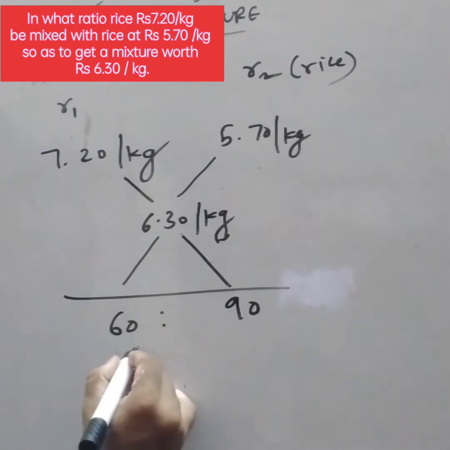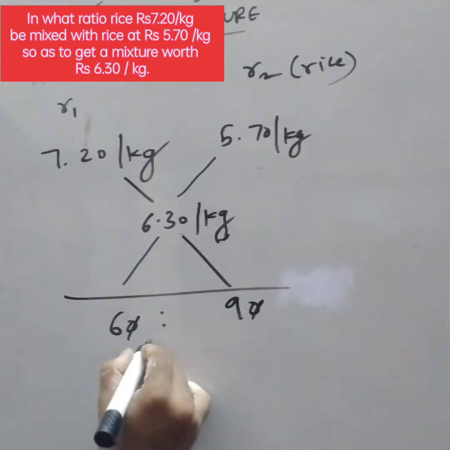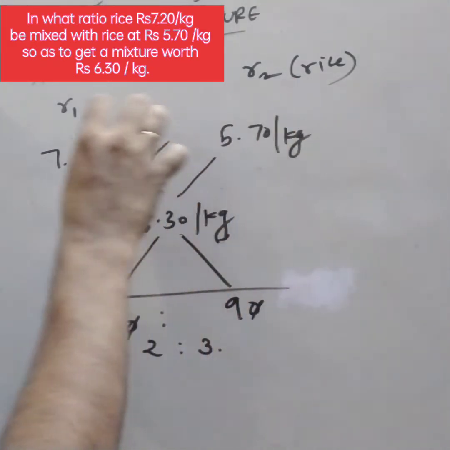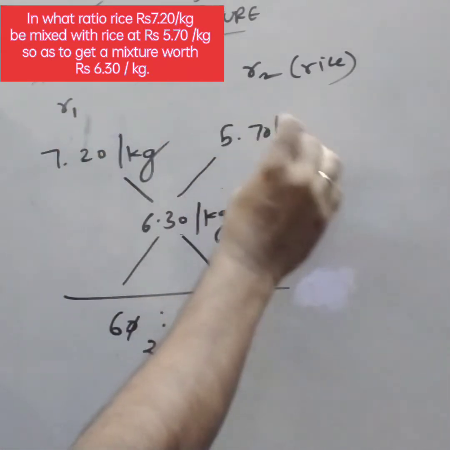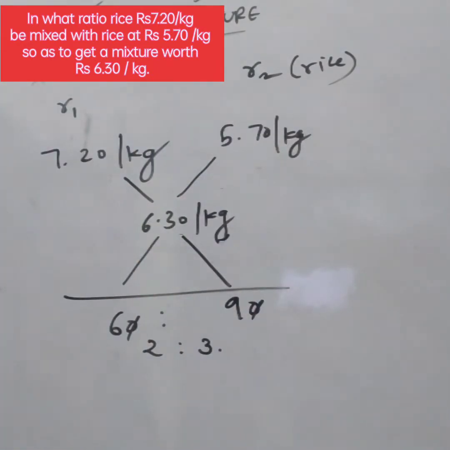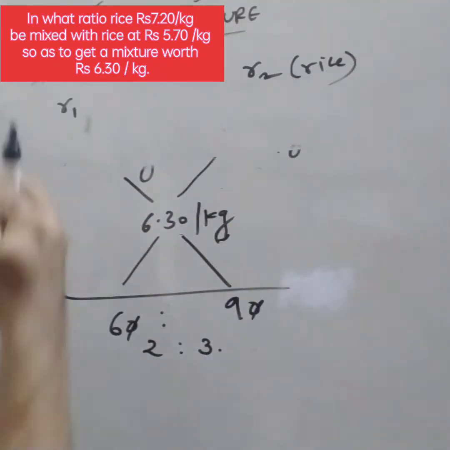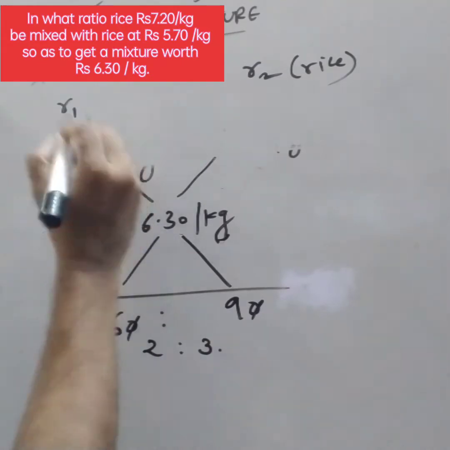So generally the ratio is 3:2. In general, in this sum, cheaper quantity to the left side, dearer quantity to the right side, we have to take, so that we get the ratio 3:2. The same question I am telling you once again. Cheaper quantity, that is 5 rupees 70 paise per kg.